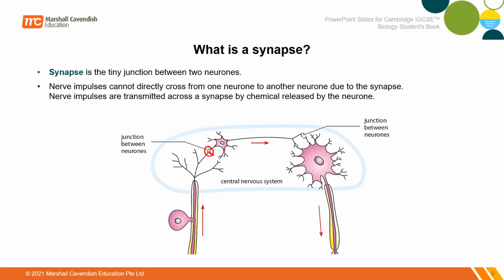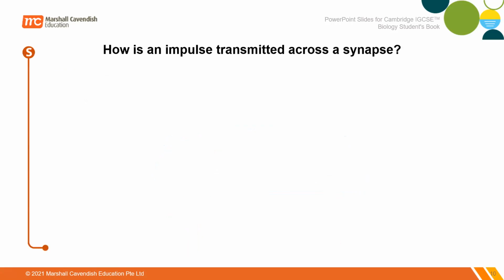It is a tiny junction between two neurons. And what is the function of this area? This area is responsible for transmitting all of the chemicals released by the neurons, and we named those chemicals neurotransmitters.